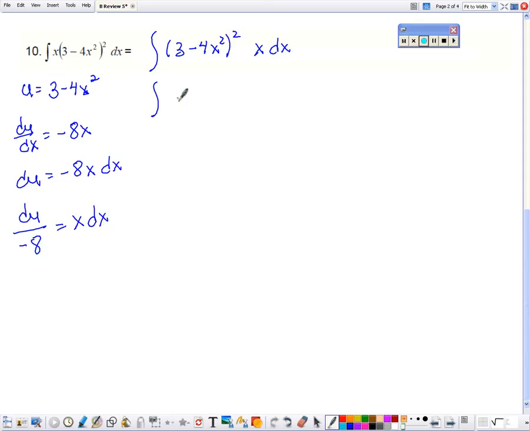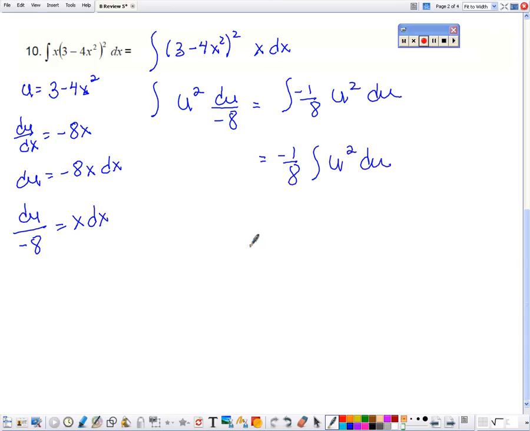So when I substitute in, this is u, so here's my u squared. Now x dx is du over negative 8. Well, I'm going to reorganize this. I can make this a constant, which then goes to the front of the integral.